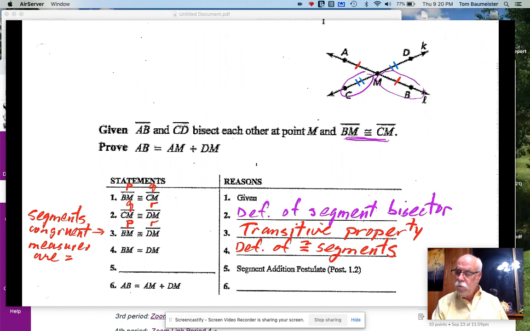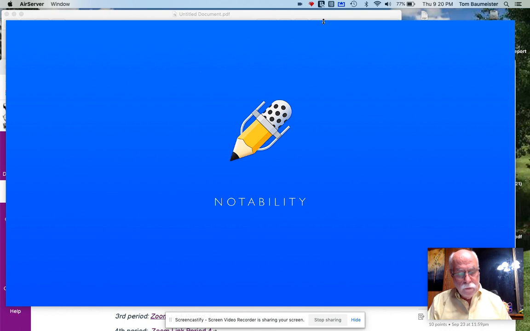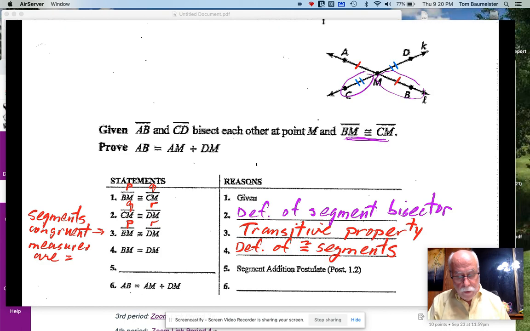Okay, and now let's see. What do we have? We have AB. So let's see, what do we need? We need AB is equal to AM plus DM. But if we look up here, based on our diagram, we can at least say those two are equal.